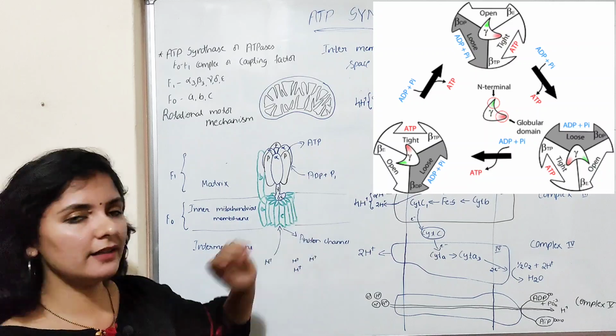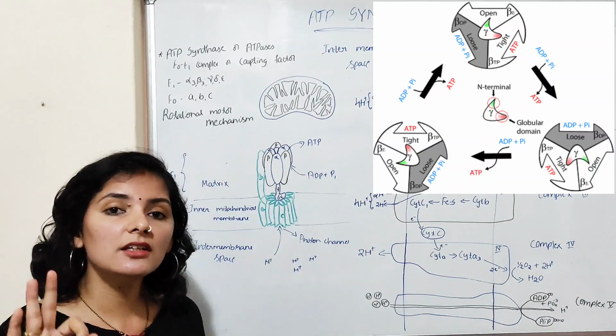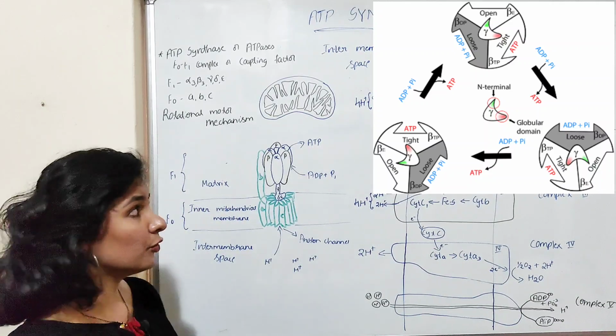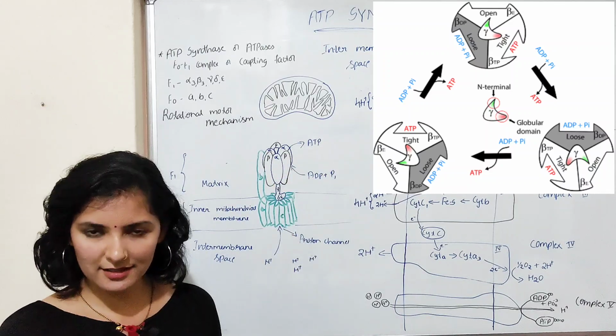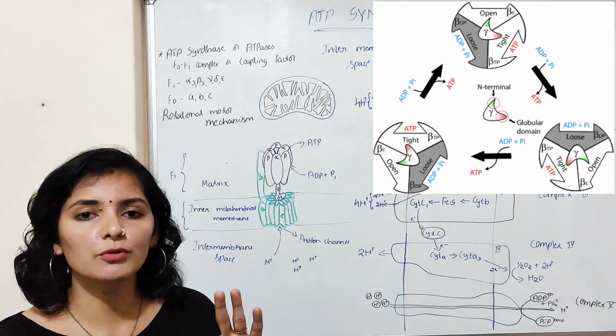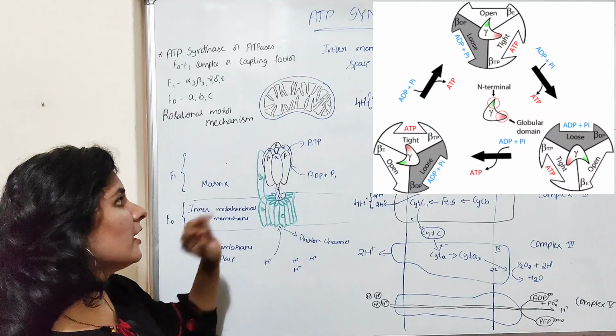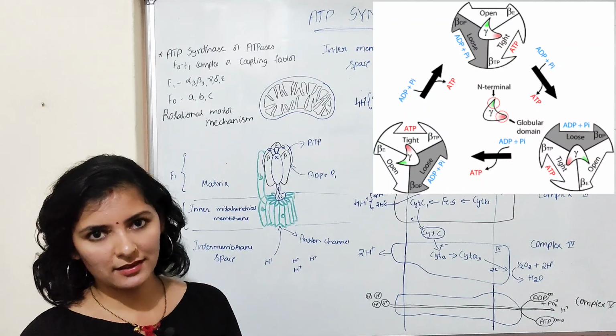And the third form is the loose form, during which the synthesized ATP is released from the beta subunit. So these are the three conformations or three states of the beta subunits during ATP synthesis.